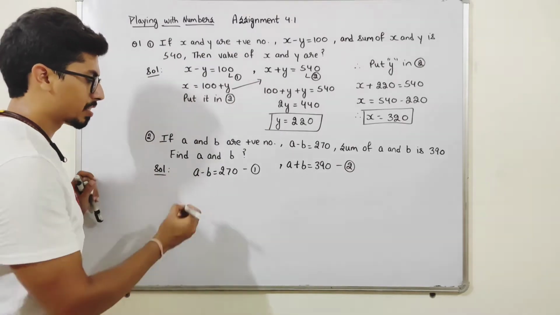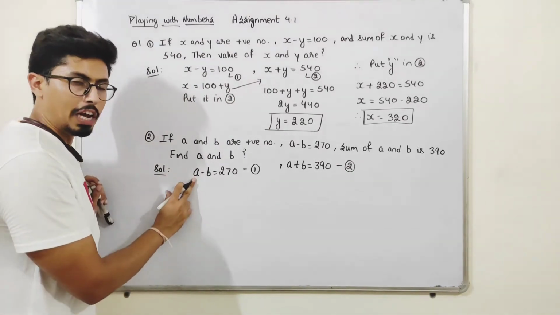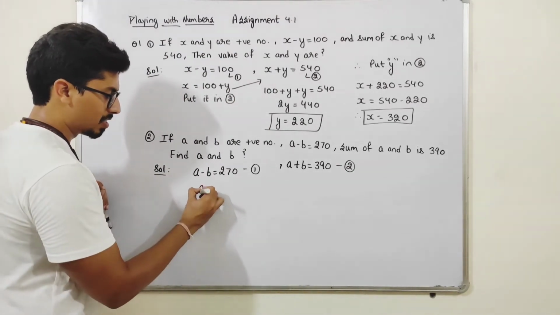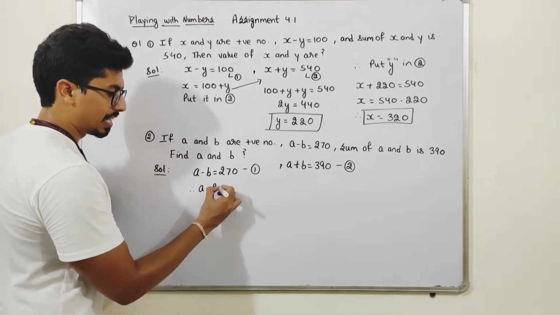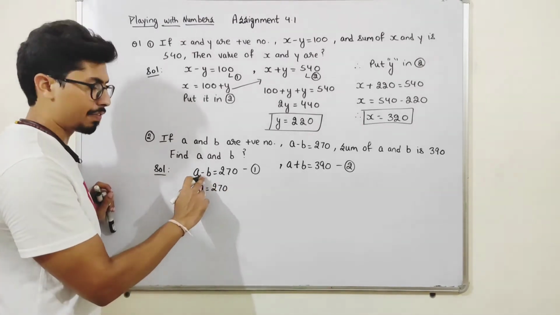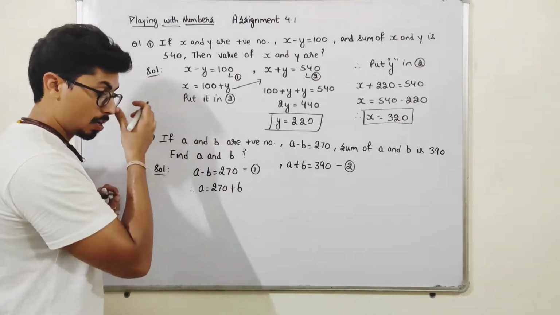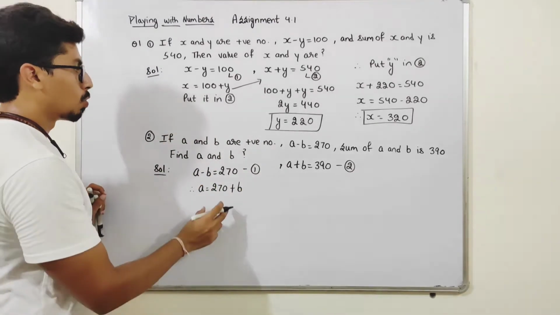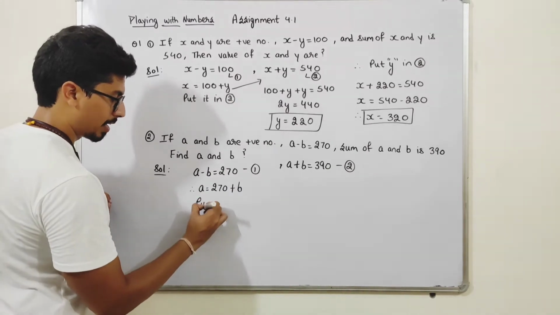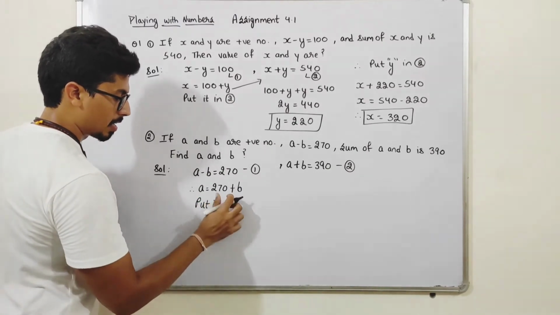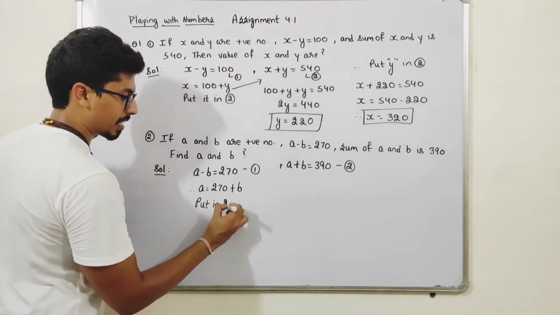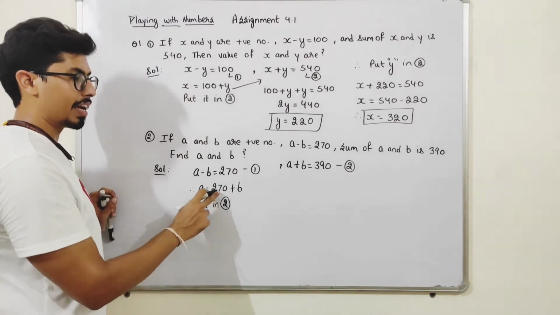Now students, we can find the value of a. Therefore, a equals 270 as it is. b is negative here; when it goes to the other side, it will be positive. So a will be 270 plus b. Put it in equation number 2. Put the value of a in equation number 2.